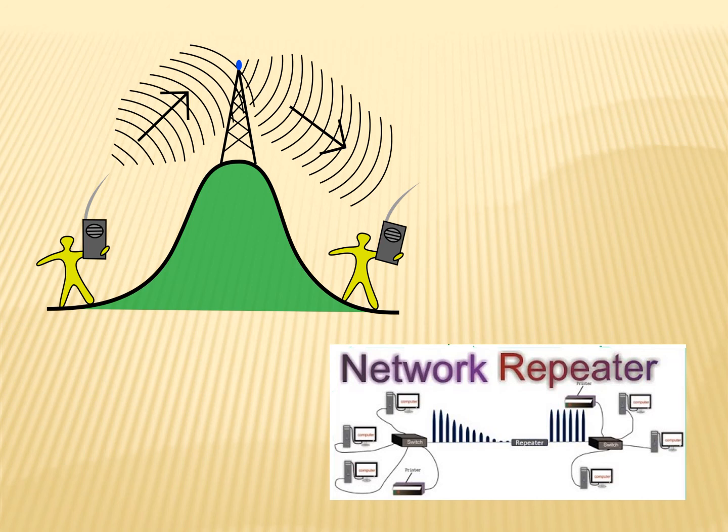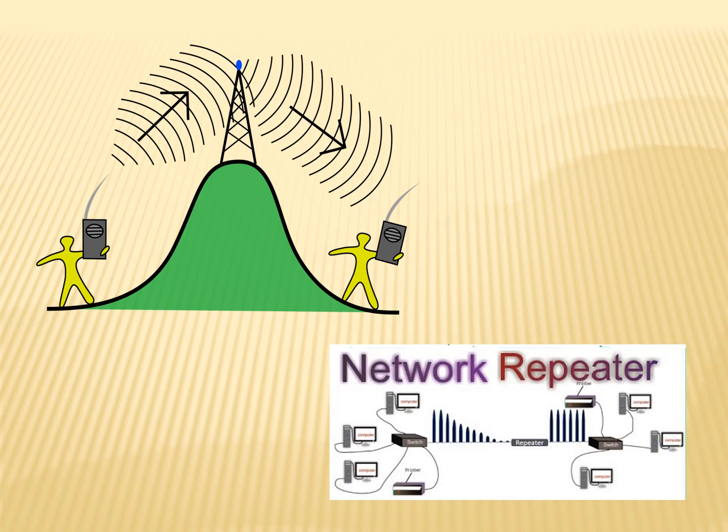The function of the repeater: repeaters play a very important role in Ethernet communication. Repeaters are used to extend the network within a predefined limit. Attenuation, we have done the concept of repeaters. Whenever we are going to expand any network beyond a certain limit, we are going to use repeaters.